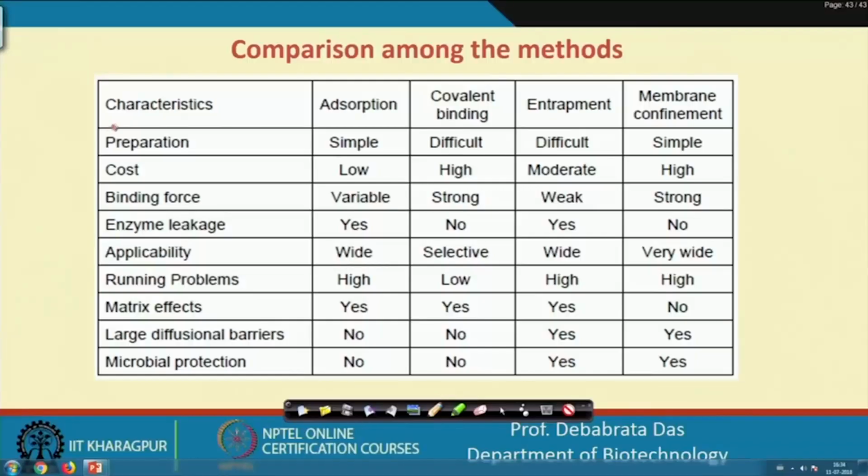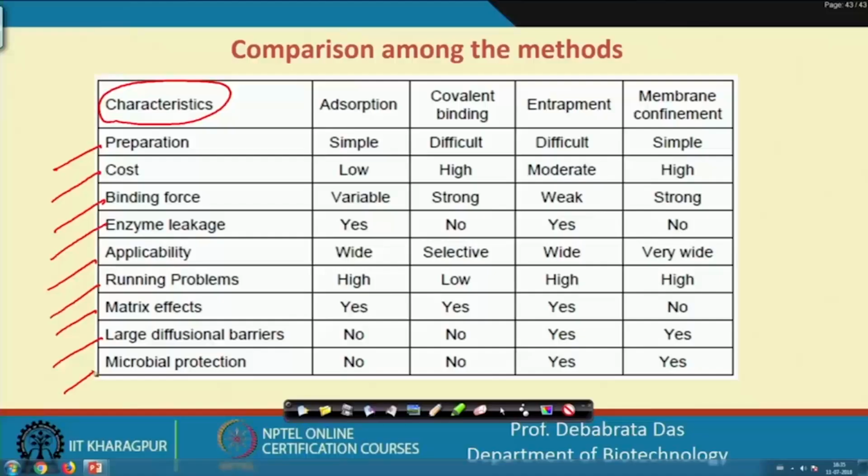So we have to find out what we are actually looking for in a particular enzyme. Let me give a certain example. Suppose here are the characteristics. We have preparation, cost, binding force, enzyme leakage, applicability, running problem, matrix effect, large diffusion barrier, and microbial production. Now the question comes, what are we looking for?